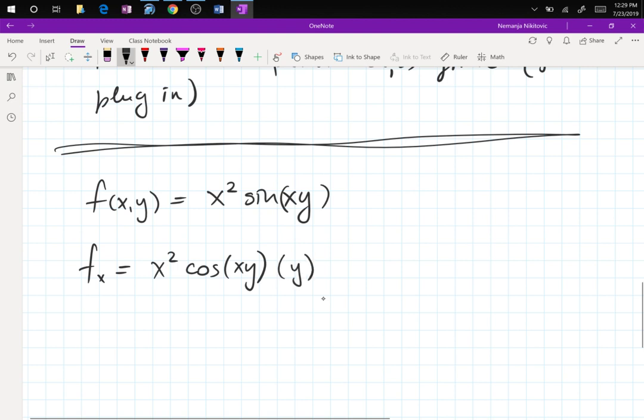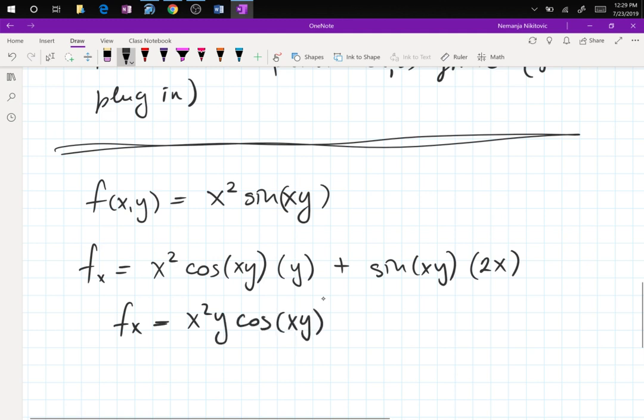The derivative of xy is y, because the derivative with respect to x is 1 for x, and then y is a constant that multiplies. Plus, copy the second one, which is sine xy, times the derivative of x squared, which is 2x. So now this mess is x squared y cosine xy plus 2x sine xy.